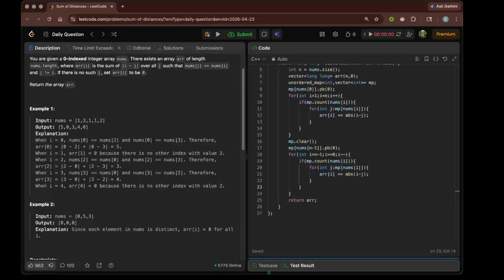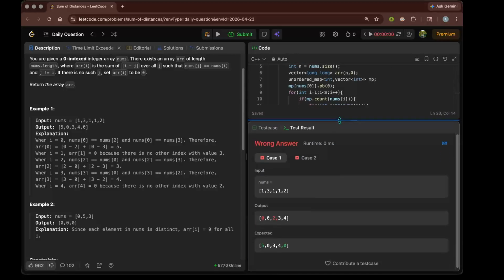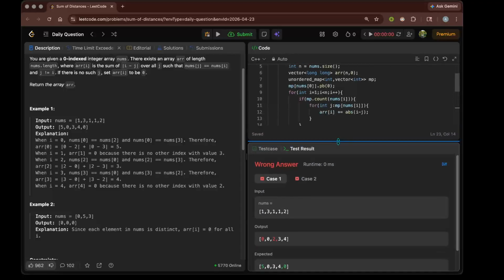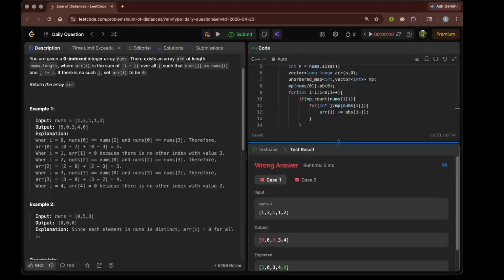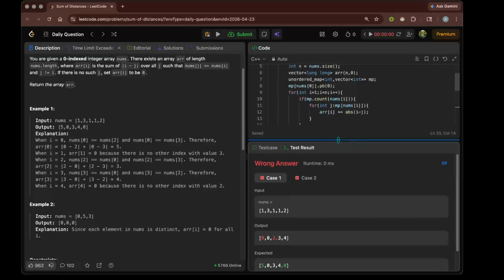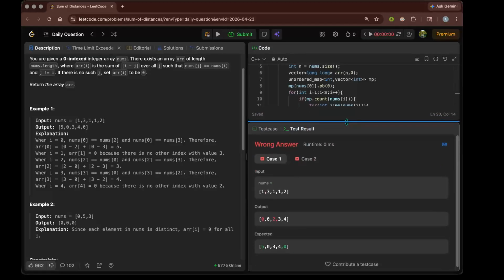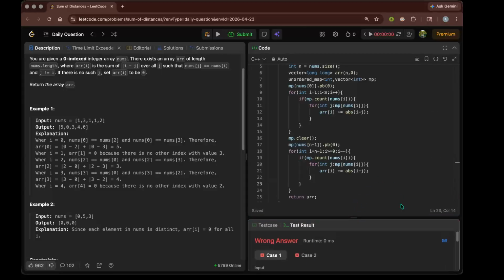Then I think 3 plus 2. I think we didn't push back the elements here. Okay, I think here we should.